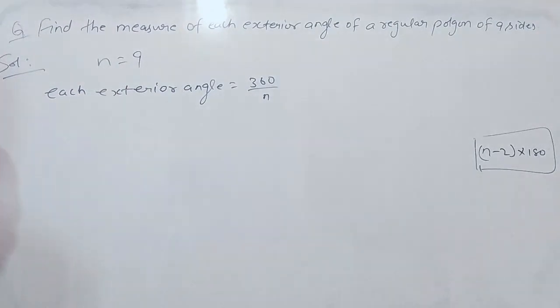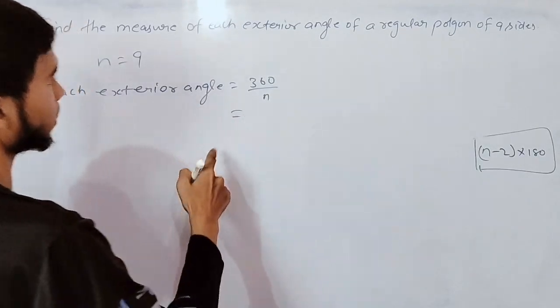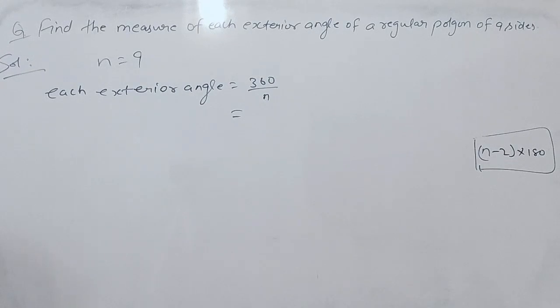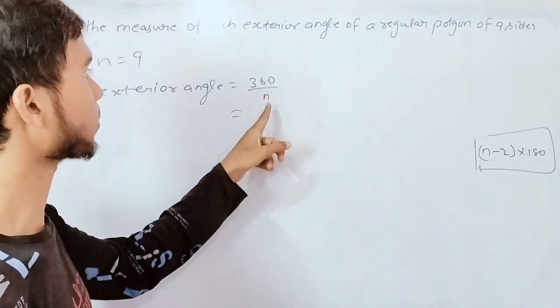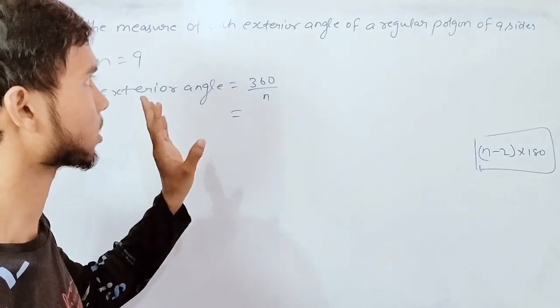We are finding one exterior angle, that's why we divide by the number of sides.